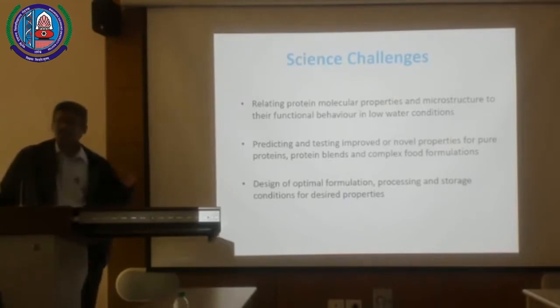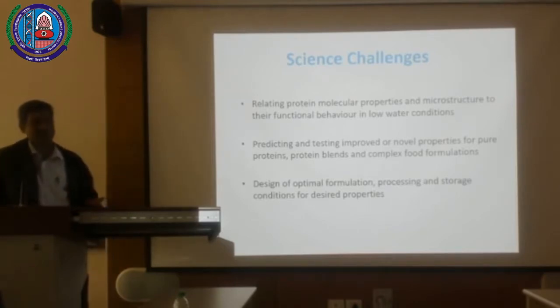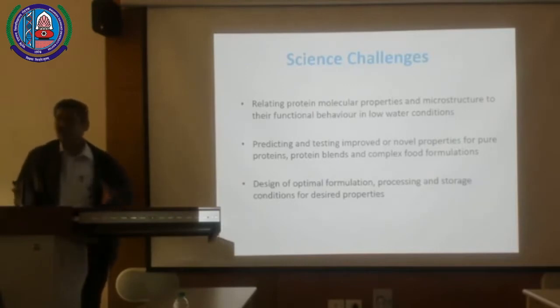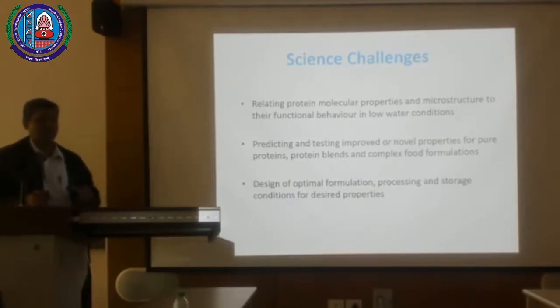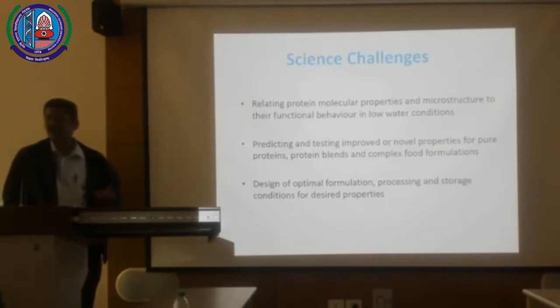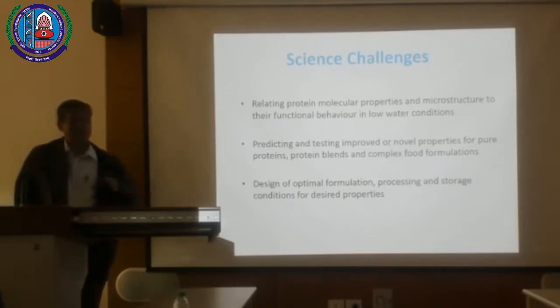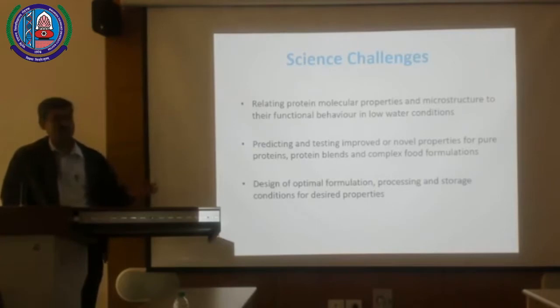Another science challenge is predicting and testing improved novel properties of pure protein systems and formulations. Food is a complex system, so an assembled food product is no longer the protein itself. You have starch, fats, fiber, and other ingredients. Protein will be inherently interacting with these, and there are physical barriers to transport across these.